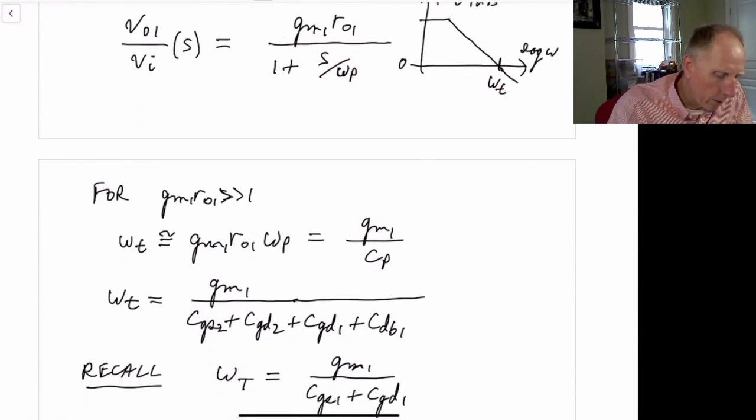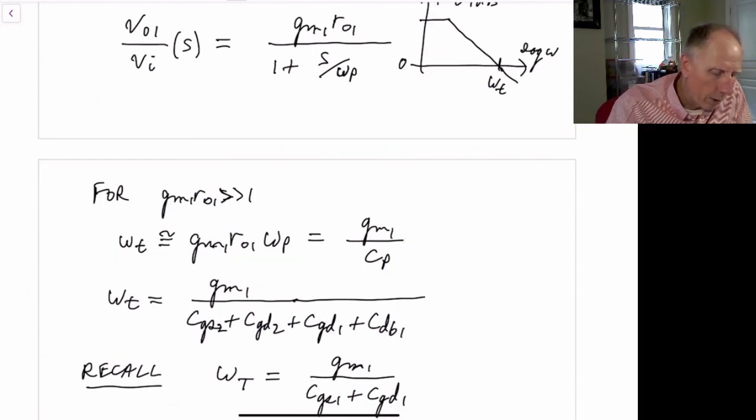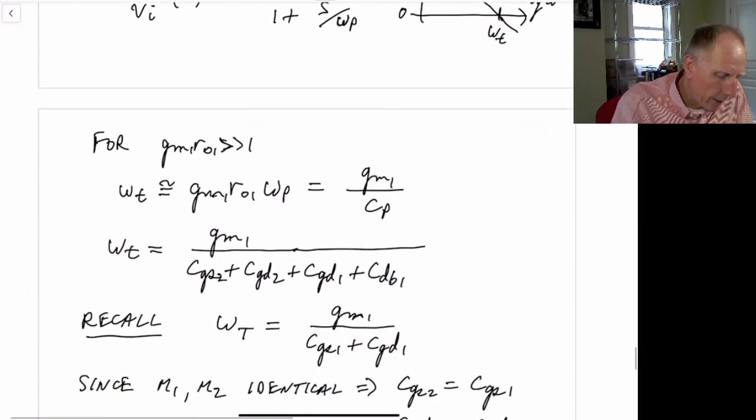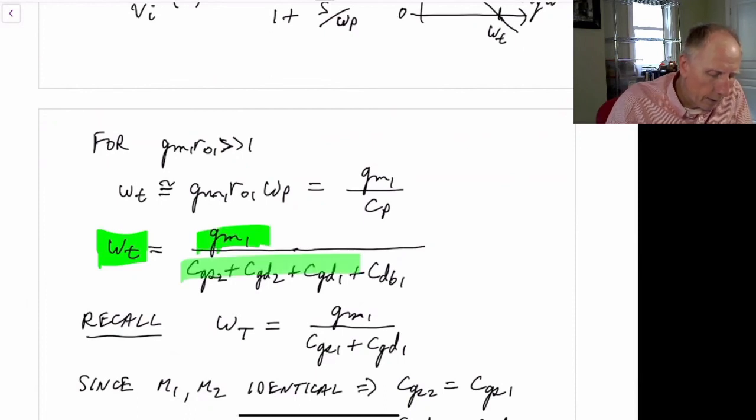In this case, the RO1s cancel out, and so we see it's GM1 over CP. So we end up with, finally, that the unity gain frequency for this circuit, not for a single transistor, but for this circuit, is given by GM1 divided by all this.